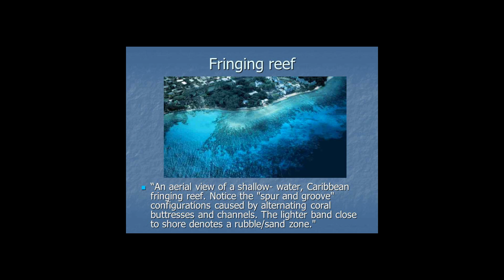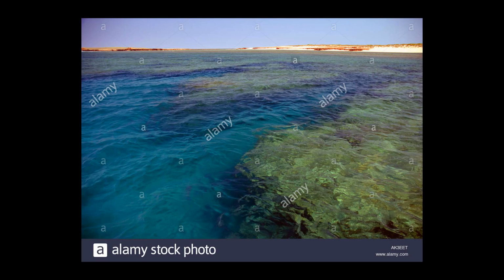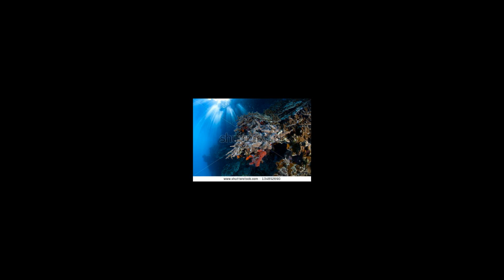Structure. There are two main components that make up a fringing reef: the reef flat and the reef slope. Reef flat. Backreef. The reef flat is the shoreward, flat, broadest area of the reef. The reef flat is found in fairly shallow water, and can be uncovered during low tide.